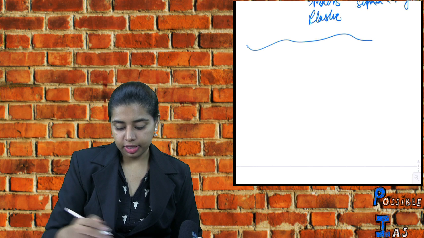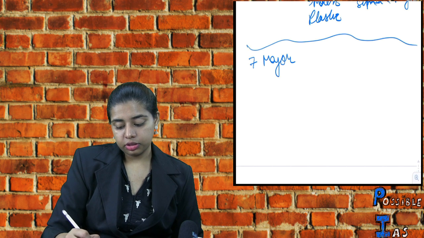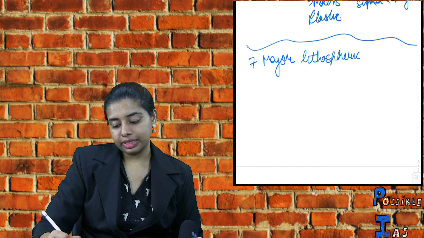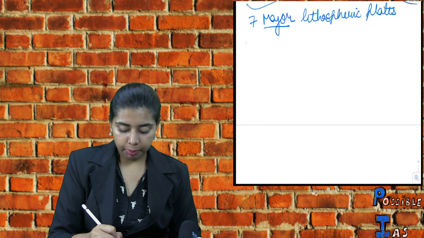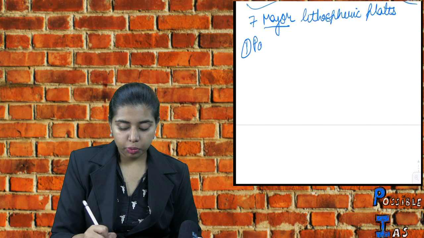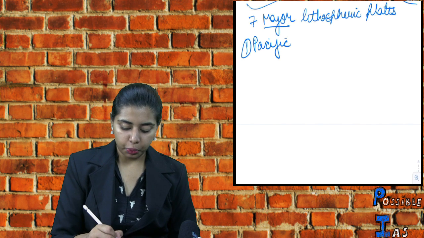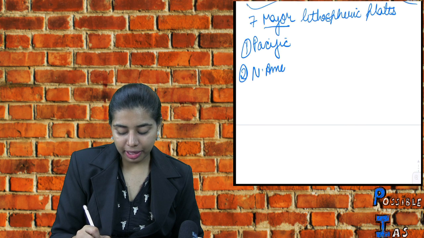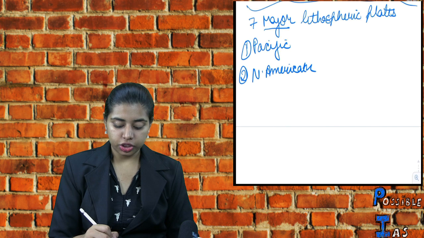There are 7 major lithospheric plates. What are they? Number 1 is Pacific, the maximum part of which is covered by the Pacific Ocean. Second is North American, the maximum part of which is covered by the North American continent.